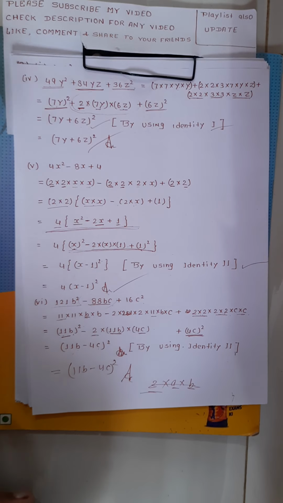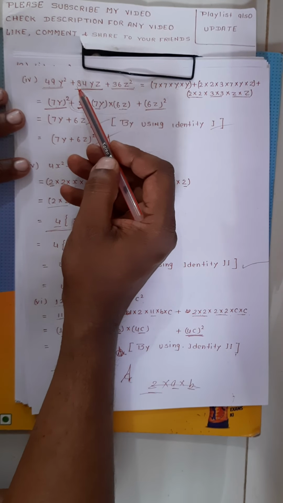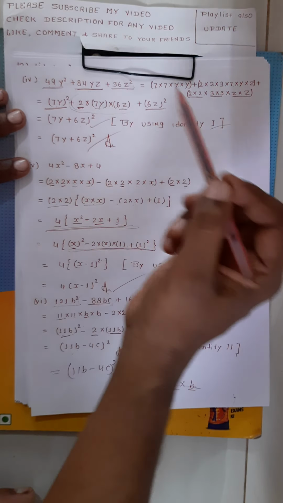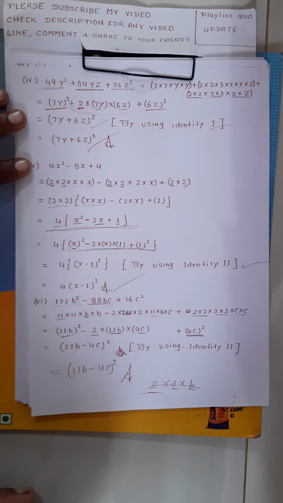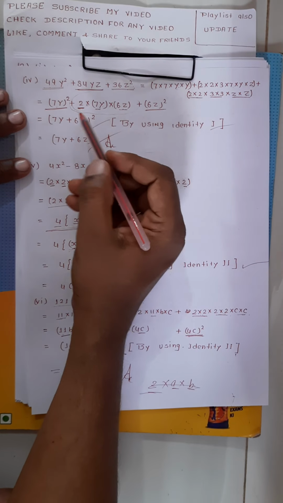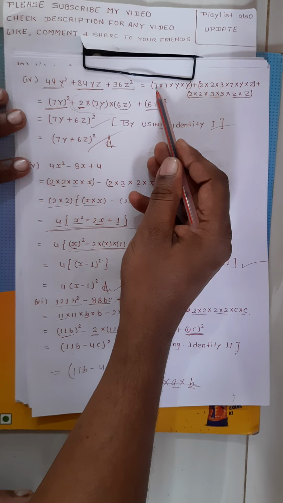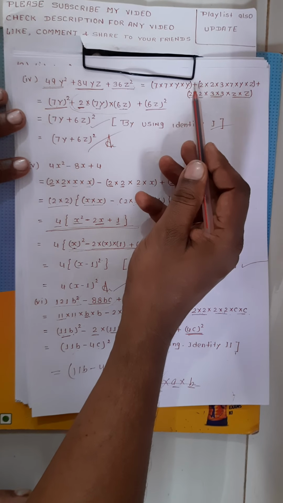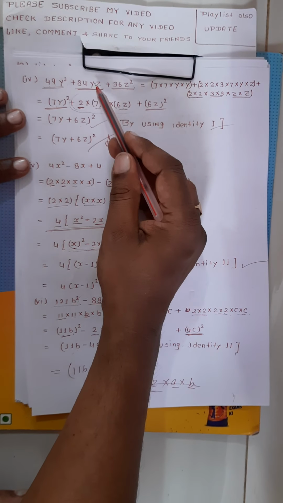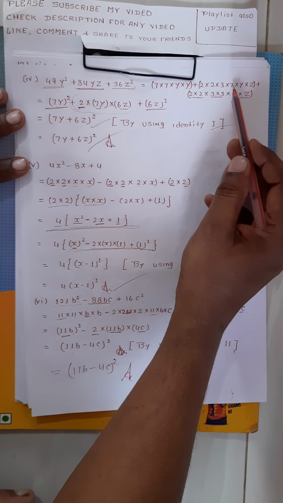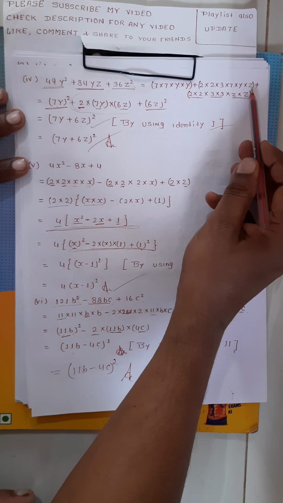Now our fourth question is 49y square plus 84yz plus 36z square. Okay, first we factorize each term. For 49y square, our value will be 7 into 7 into y into y. For the 84yz, our value will be 2 into 2 into 3 into 7 into y into z.